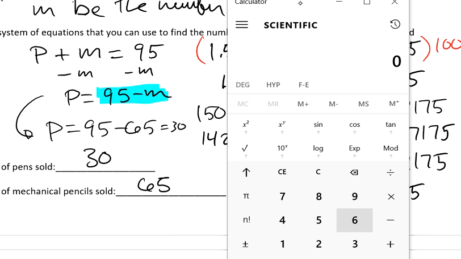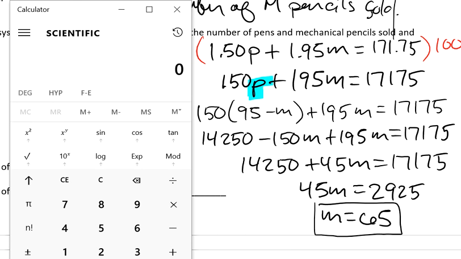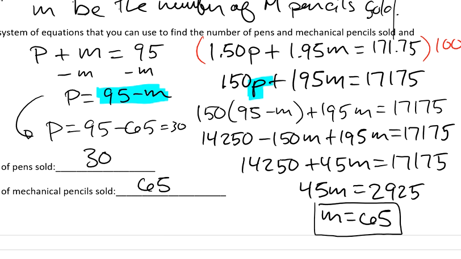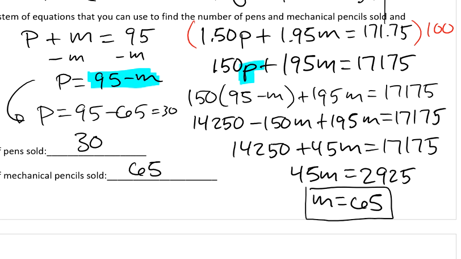So it should be $1.50 times P, and P we said was 30. So 30 times $1.50 plus I should have 65 times $1.95. And when I press equal, you can see I do get $171.75.